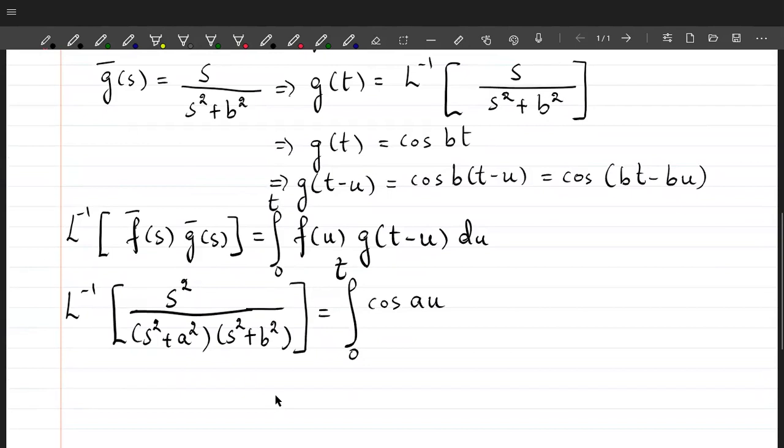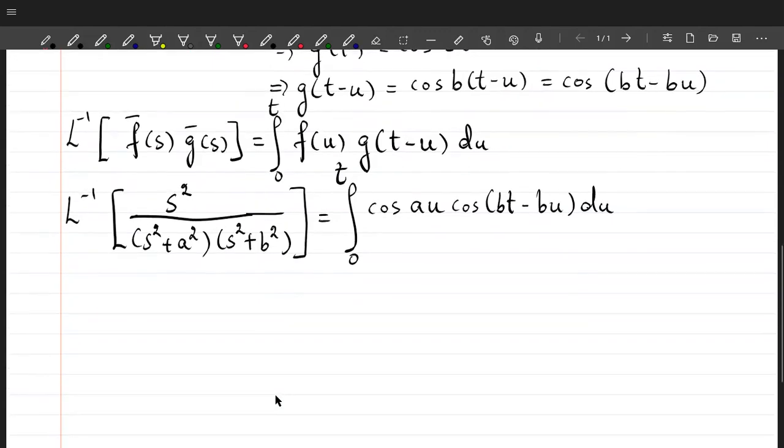G of t minus u is cosine of bt minus bu, and these two terms should be integrated with respect to variable u. So now in order to continue with this, I have to use the formula for cos A into cos B. Now what's the formula for cos A into cos B?